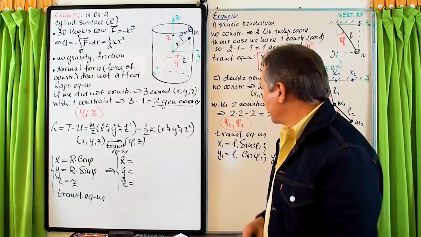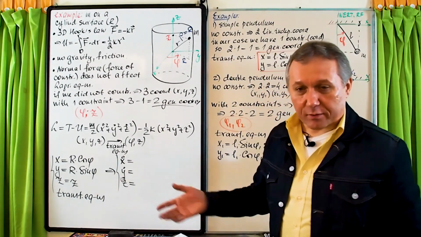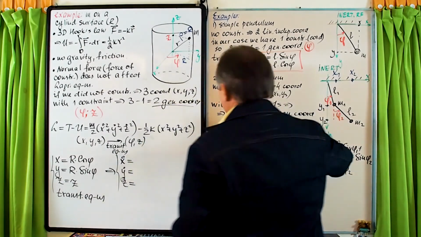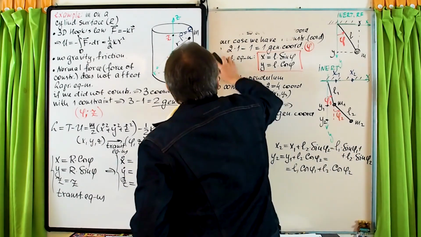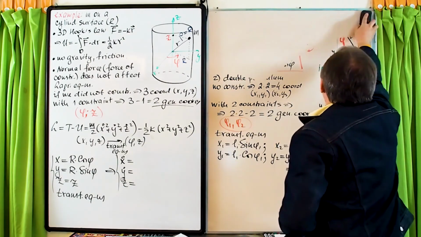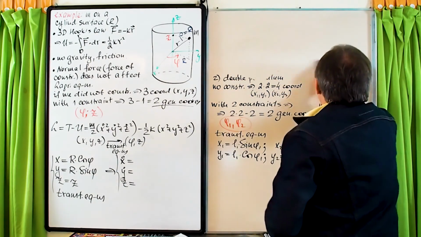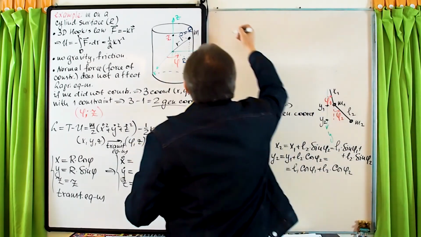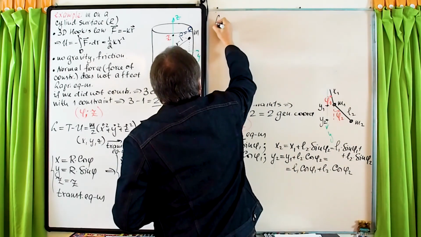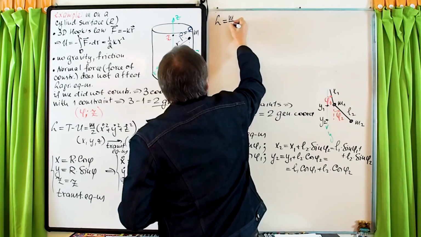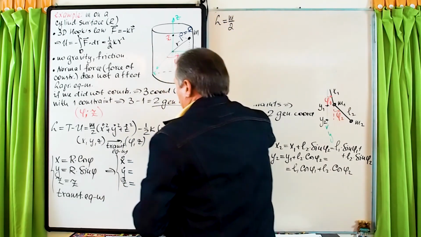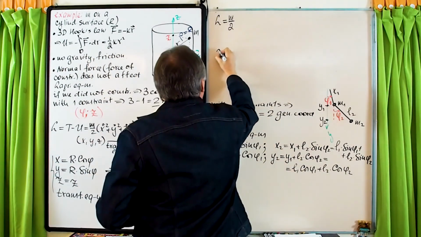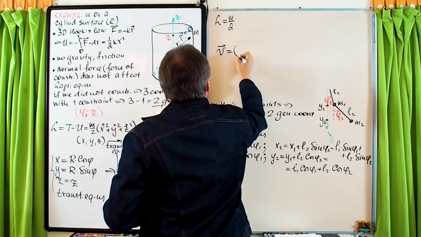And of course, after this, we can write the Lagrangian easily. Let me write it down, and then we'll call it a day. I thought maybe I would postpone writing the Lagrangian to the next class, but no, it's very simple now. So L will be equal to m over 2 times the velocities in cylindrical coordinates.